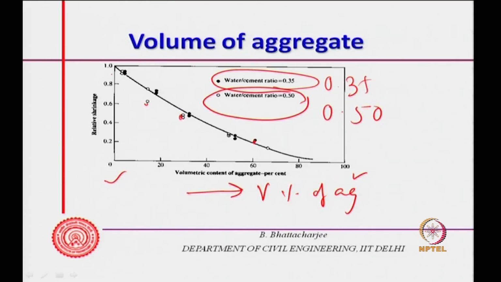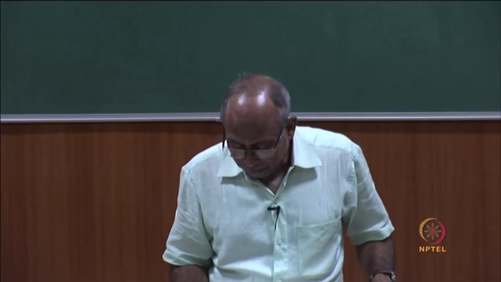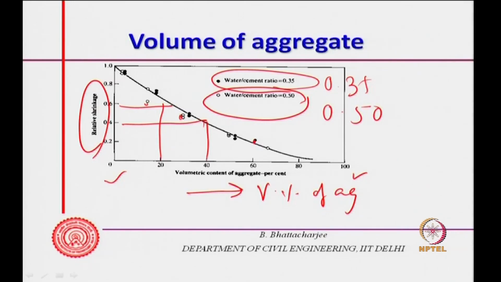If the paste shrinkage is considered to be 1, this is relative shrinkage. With 40% aggregate, shrinkage gets reduced by about 60%, and at 20% it gets reduced by about 40%. So, depending upon the volume content of the aggregate, shrinkage would get reduced. More volume means less shrinkage.